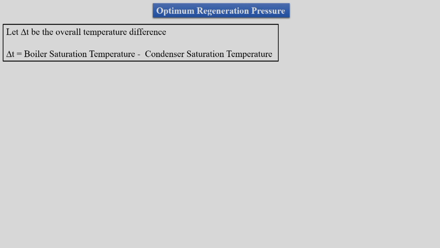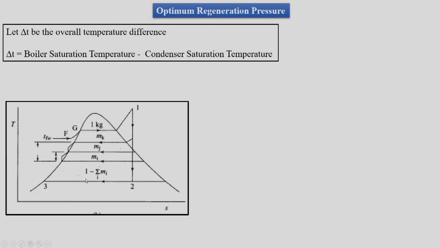Having said that the change in efficiency is a positive number for consideration of regeneration, now let us see how we can handle many regenerations or many feed water heaters. Let delta T be the overall temperature difference between the boiler saturation temperature and the condenser saturation temperature.